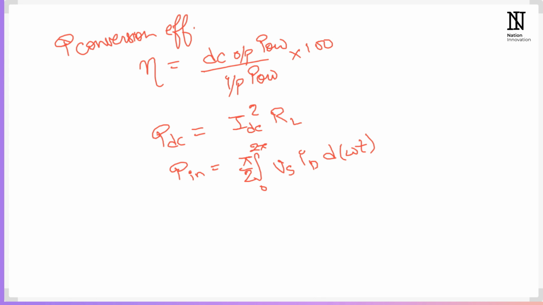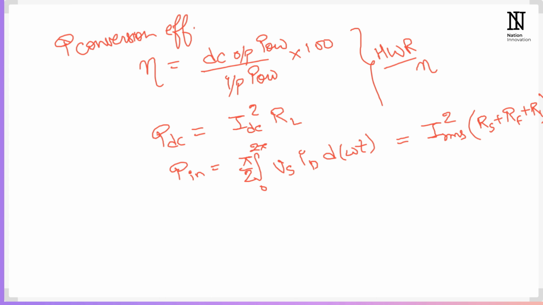This AC power is basically given by IRMS square times the source resistance plus the load resistance. For this half wave rectifier, the power efficiency is given by (2 by pi) whole square over 1 plus RS plus RF by RL.